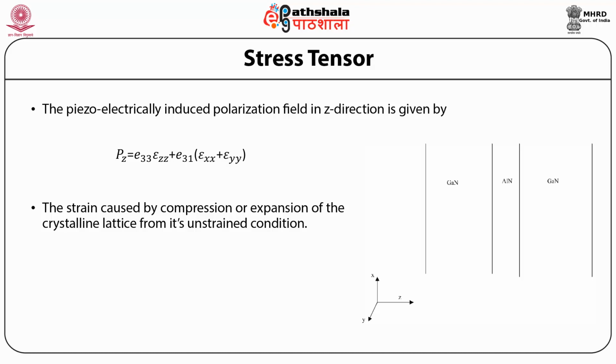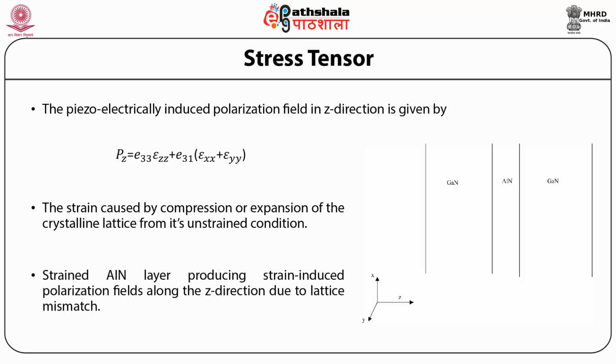So the figure over here shows a thin layer of aluminium nitride sandwiched between two GaN layers. Due to the lattice mismatch between aluminium nitride and GaN, the aluminium nitride layer is strained, resulting in strain-induced polarization fields along the Z direction.